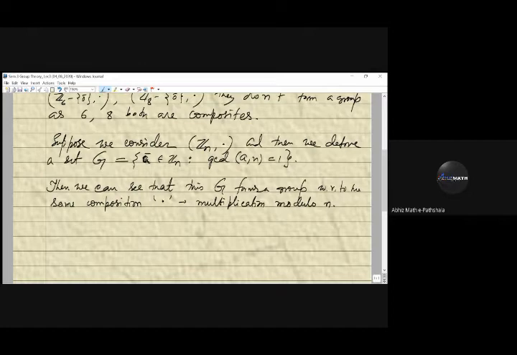Because suppose you have a class and b class belongs to G. Then by the definition of G, you can write GCD of a comma n is 1 and GCD of b comma n is 1, right?